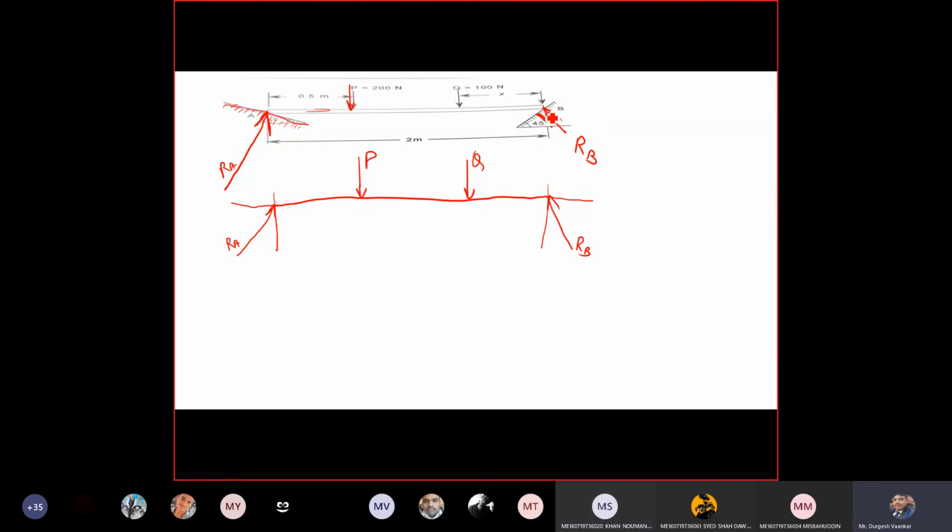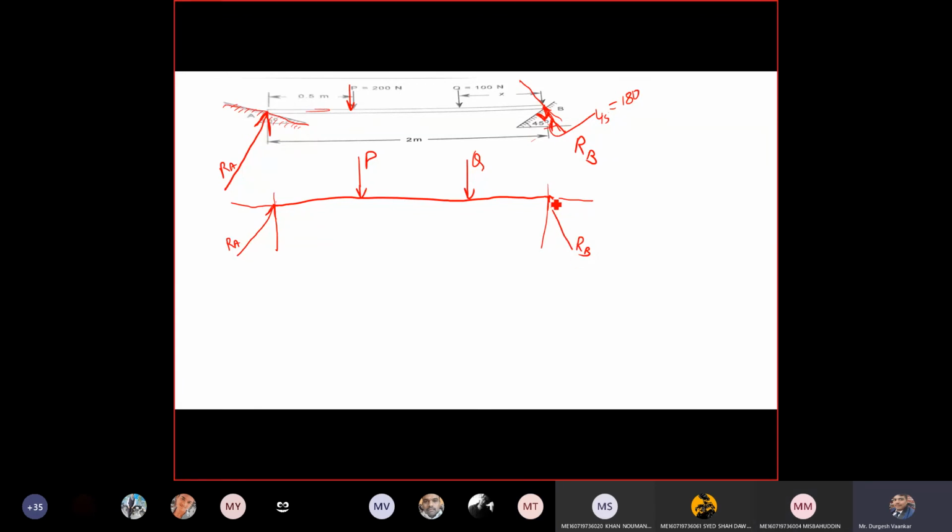This is your triangle. In a right-angled triangle, the sum of the three angles should be equal to 180 degrees. Already 90, then 45, so the remaining angle is 45. This means the line of action of the force is making an angle with respect to the horizontal. How much is it? 45.